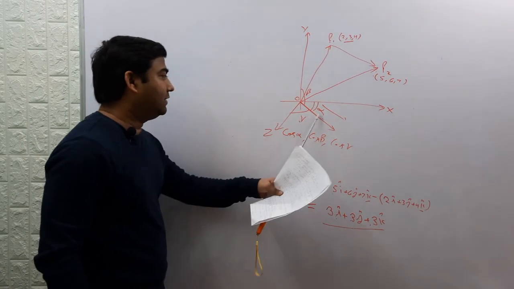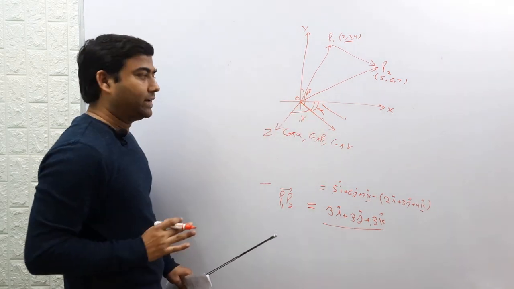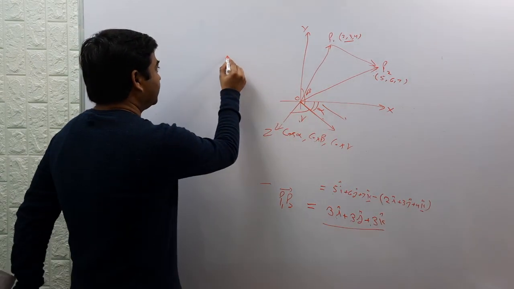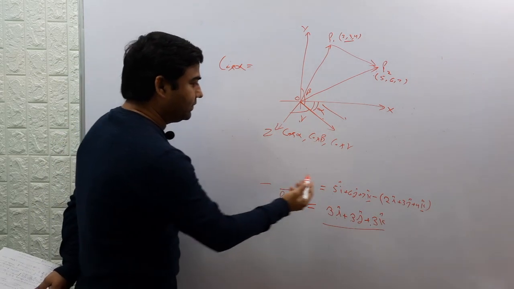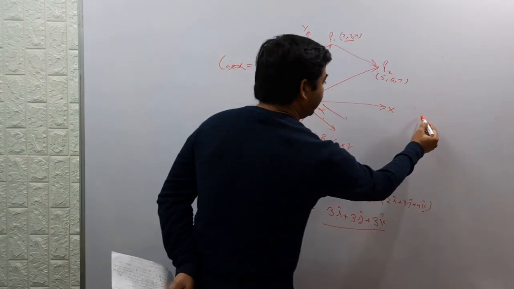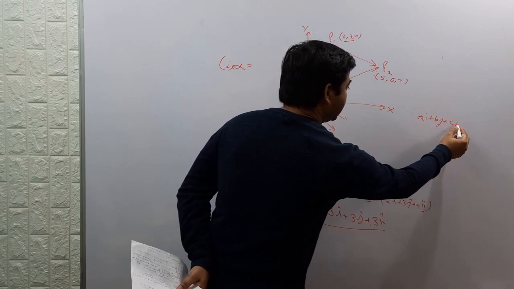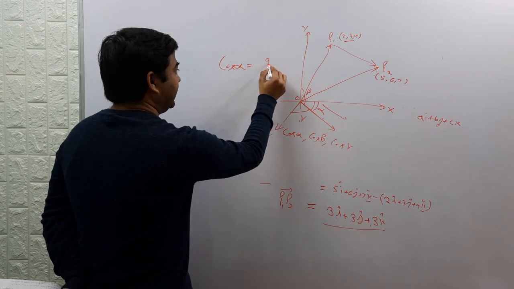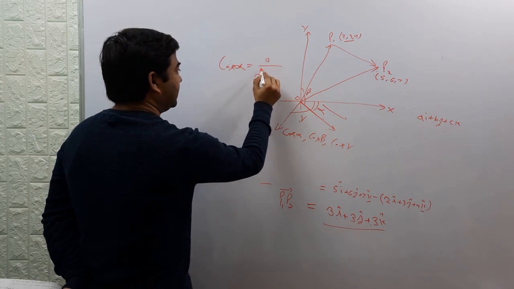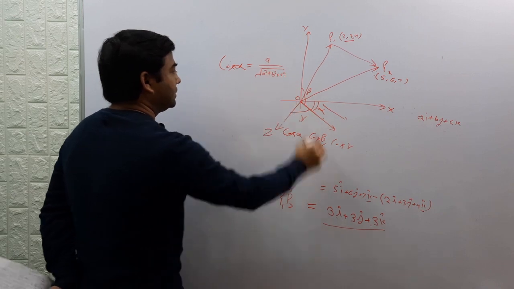So by finding alpha, beta, gamma, we can find the direction of this vector. Cos alpha, for a given vector ai plus bj plus ck, is a divided by under root a square plus b square plus c square.